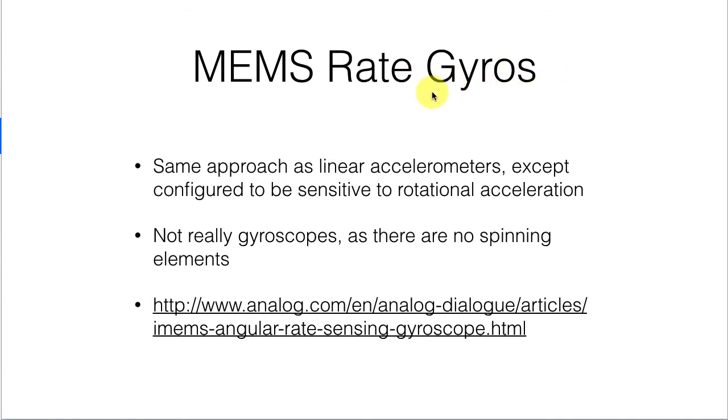They're really not gyroscopes because there aren't rotating elements in them, but they are detecting the rate of rotation in a particular direction. And if you combine a rate gyro with an accelerometer, you're getting considerably more information. You've got 6 degrees of freedom information about how these things are moving.